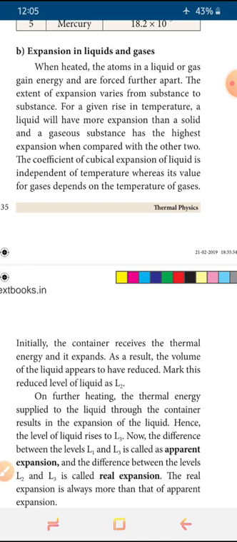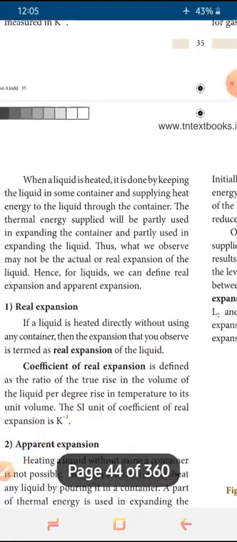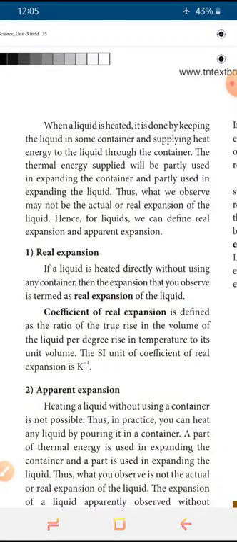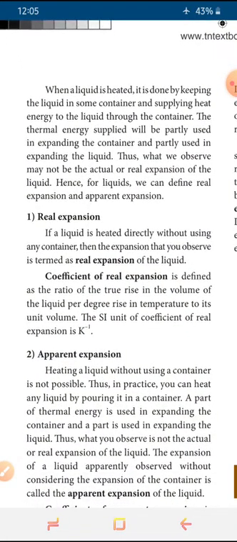We discussed that, and here when we increase the temperature, the atoms are activated more and forced apart like in a solid, and the expansion is more. How it is affected and what expansions occur is all explained here.